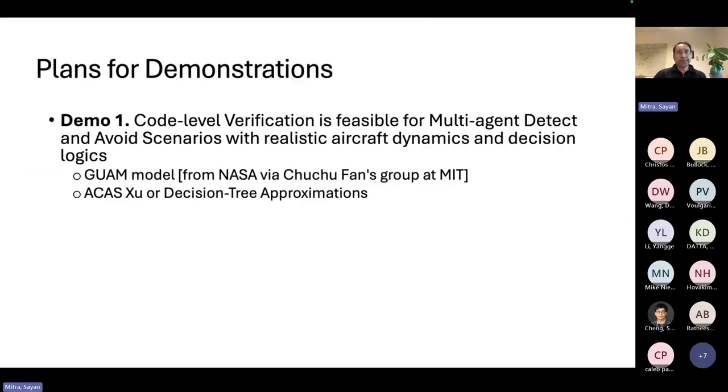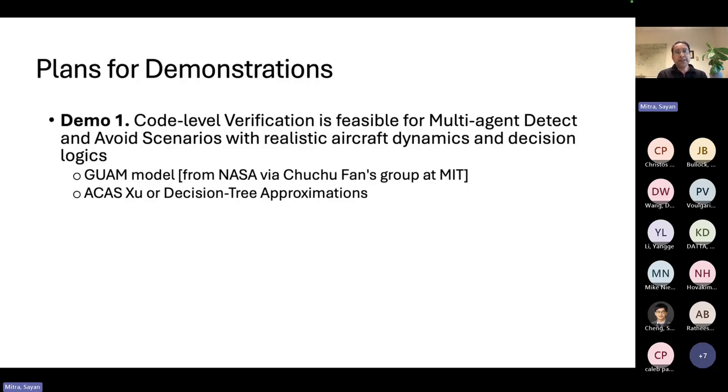We're thinking of having 2 or 3 parts of this demonstration that we want to make in May. The first one is I would say the biggest chunk. So I'll spend most of my time today to discuss this part.